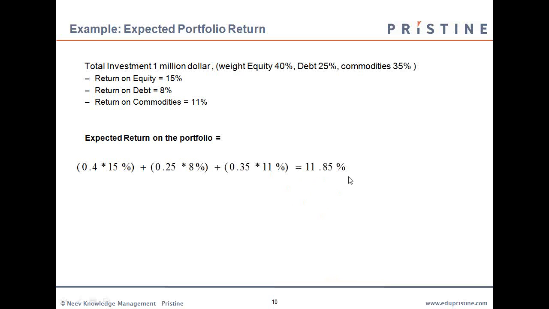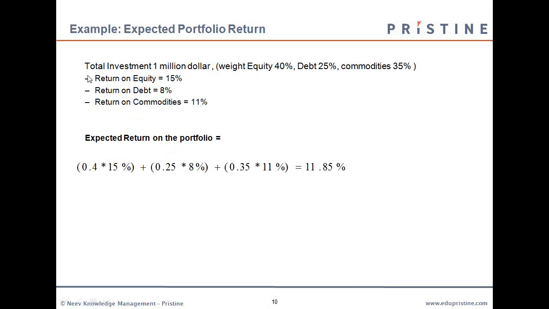So your portfolio will give you an expected return of 11.85%. As you can see, this return is higher than the return which you would have got by investing only in debt, and the return you would have got by investing only in commodities.